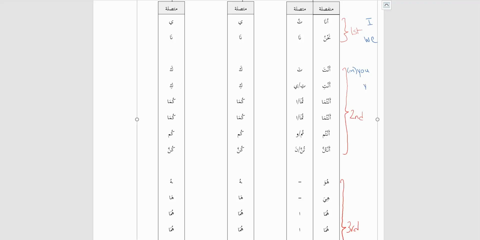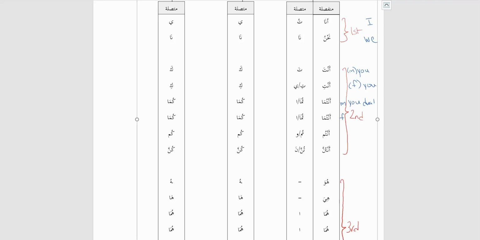Anti is also you, but for the feminine. Antuma and antuma, both of these are you dual. So you can write you dual. And this first one is for masculine. Put M here. And the second one is also you dual, but for feminine.